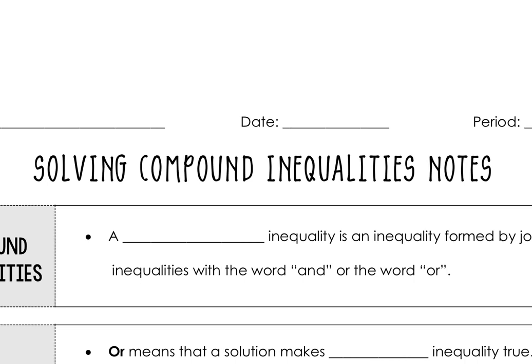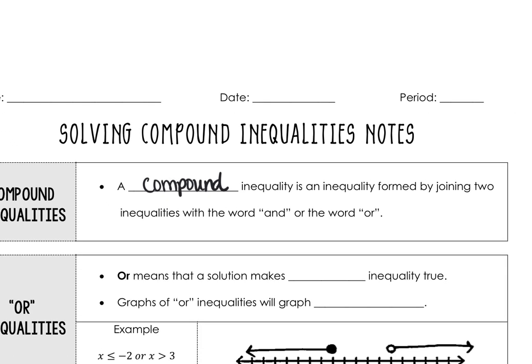So filling in this vocab, a compound inequality is an inequality that's formed by joining two inequalities with the word and or the word or.